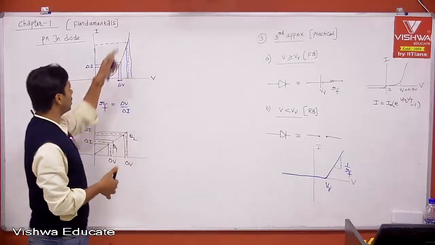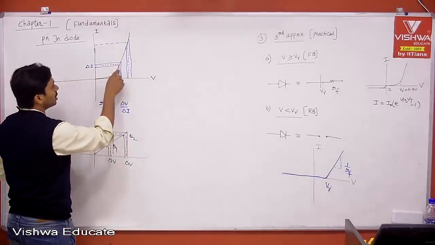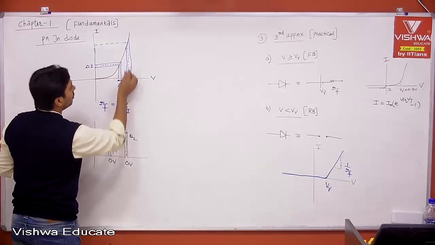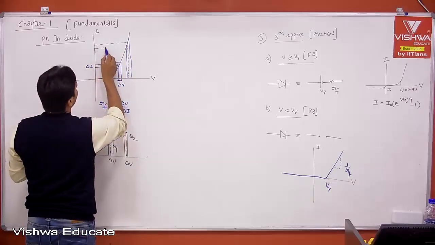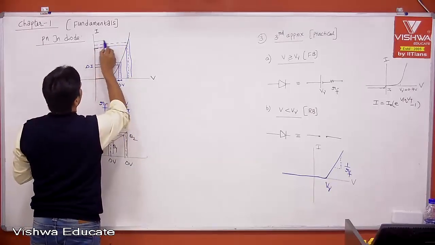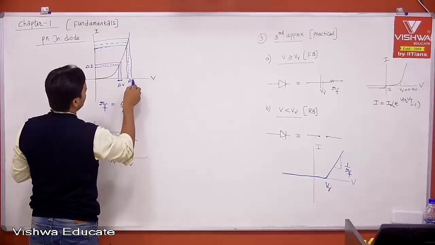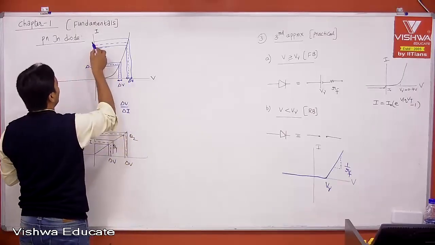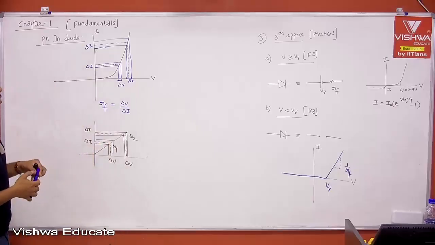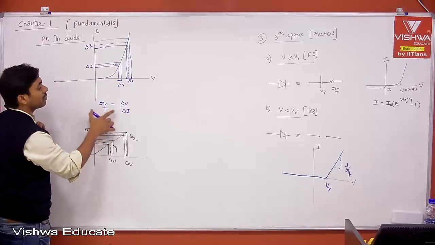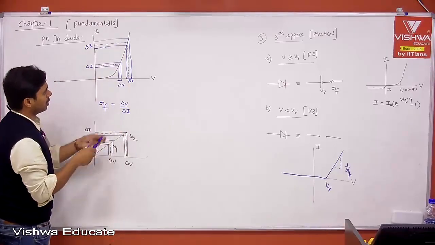We know that this is a non-linear curve, so delta V by delta I at this point is not the same as delta V by delta I at this point, because it is not linear. Now this is delta V, and this is delta I, right? Therefore, the dynamic resistance is a function of the operating point.